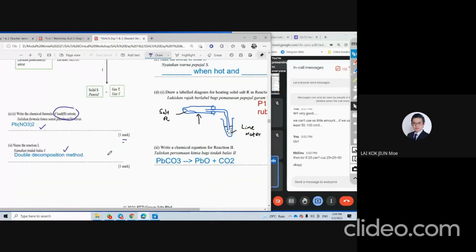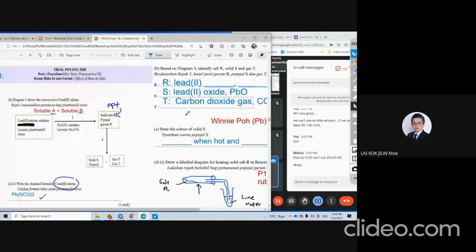Insoluble one. Based on the diagram, R, S, T, what does R stand for? What will form inside R? This is the insoluble one, right? So the carbonate and the Pb, sodium and the nitrate. So the Pb will become carbonate. This one is a carbonate.